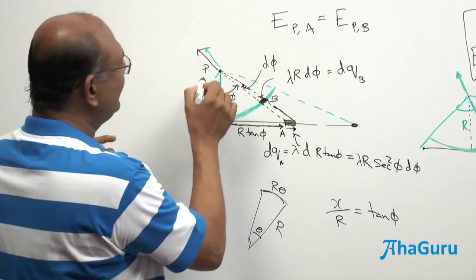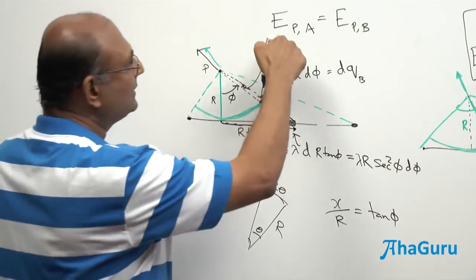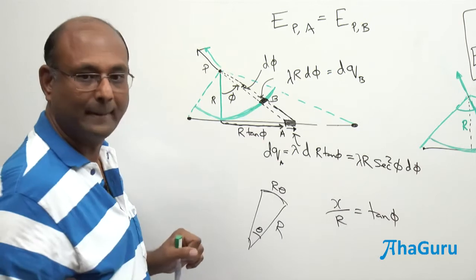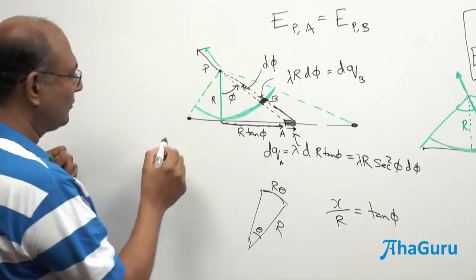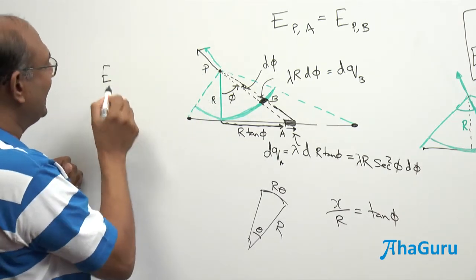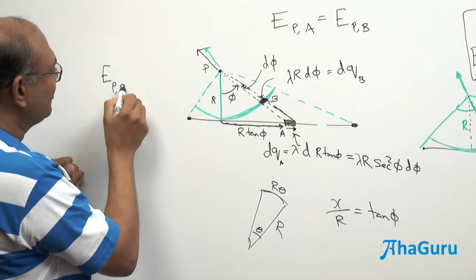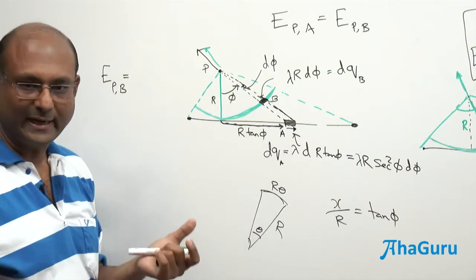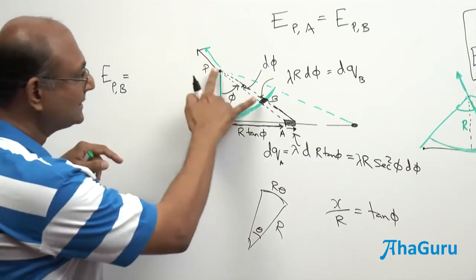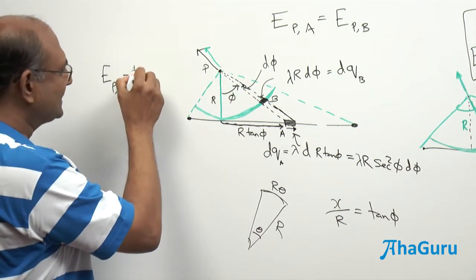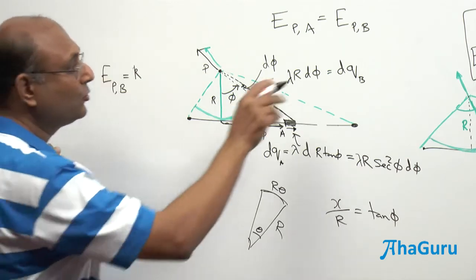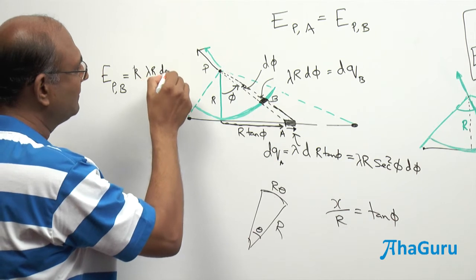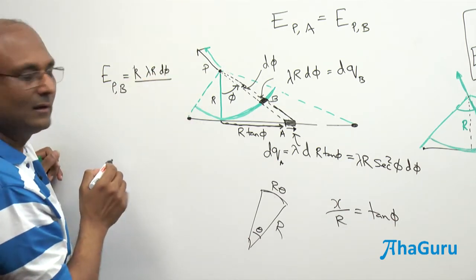Now the field at P, I want these two fields, right? What is the field at P because of B? Let us try to calculate. So field at P because of B is k times charge, by this distance square. So let me write it as it is, k qb, which is lambda r d phi, by this distance square.